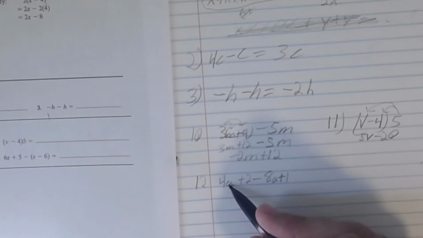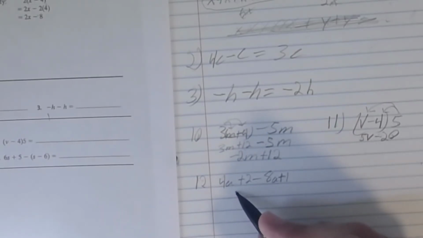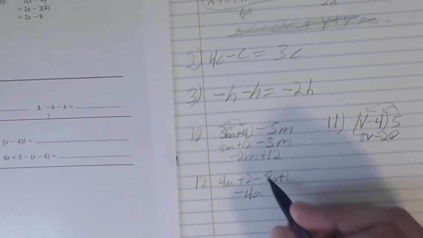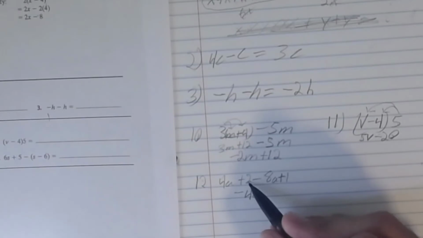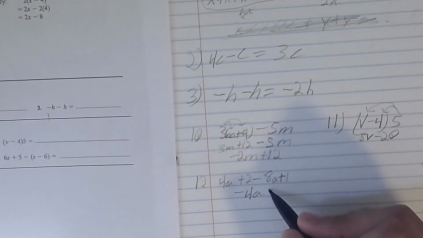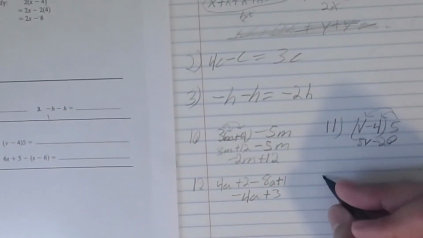This is a positive 4A and this is a negative 8A, so we actually have a negative 4A. And can we combine anything else? Yes, we can. It is a positive 2 and a positive 1. What's positive 2 plus 1? Positive 3. There you go. That's it. We simplified it.